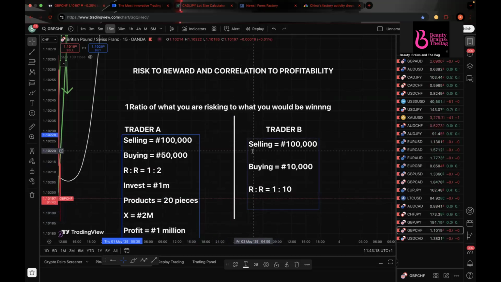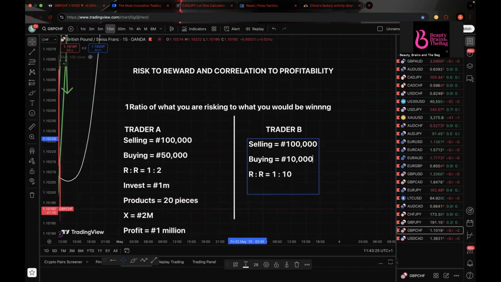Now, trader B, on the other hand, is buying for 10,000 naira and selling for 100,000 naira. So his risk to reward ratio is 1 to 10. Look at this.